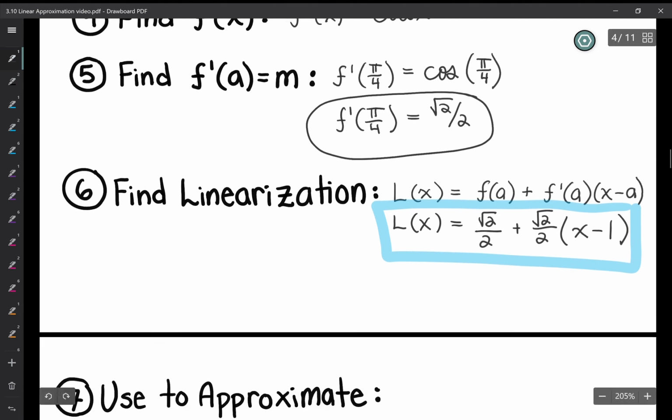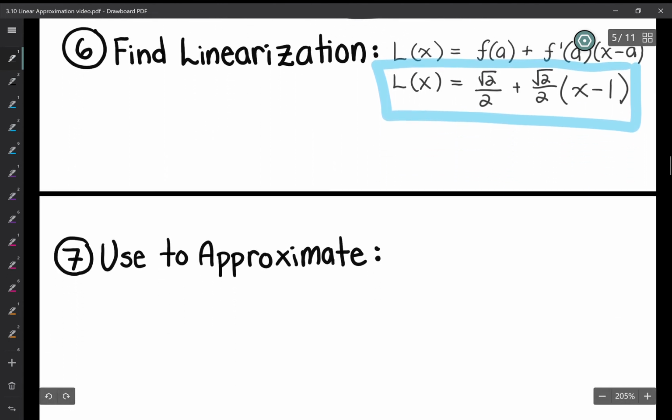We then need to use this linearization to approximate our function. So we're trying to approximate the sine of 44 pi over 180. So we're looking at x is equal to 44 pi over 180.